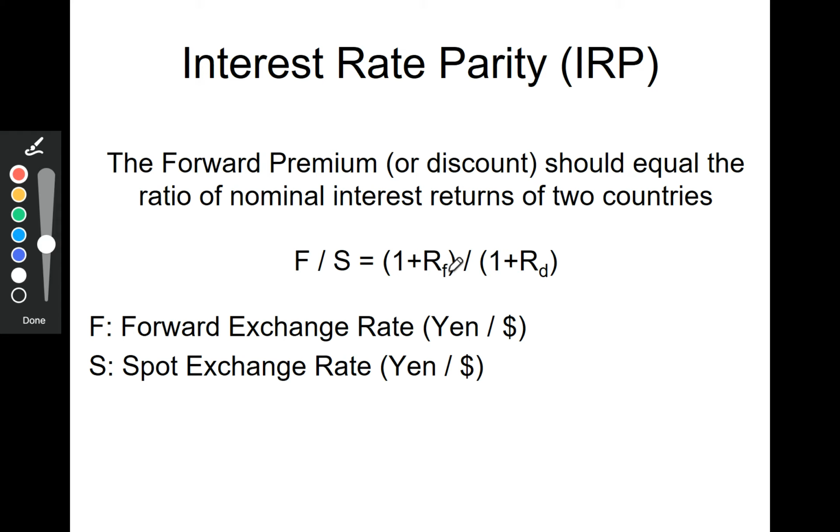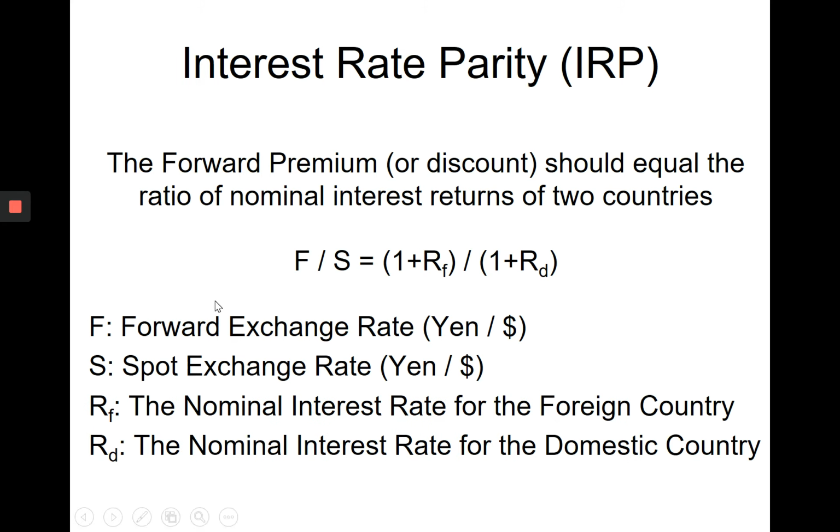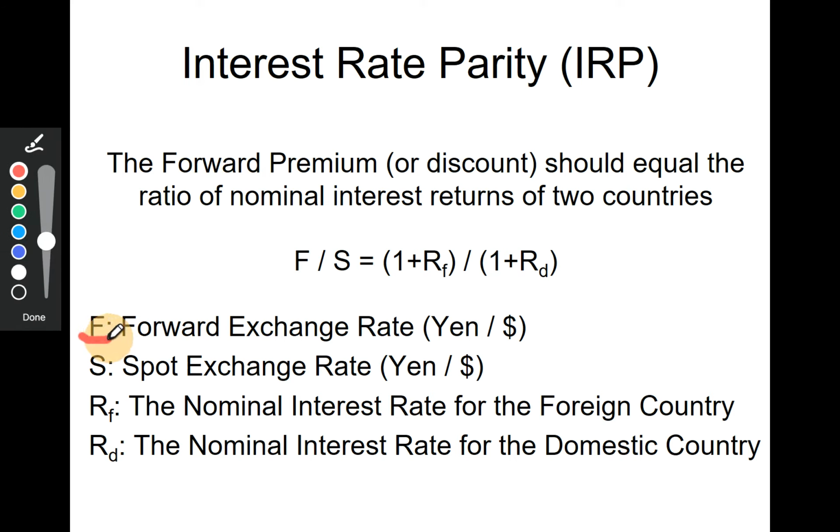Of course, this is just a matter of notation, and it shouldn't confuse you. And we're dividing by the nominal return. So we have 1 to make a return, and then we have the interest rate, R, of the domestic country, D. These notations are also defined in the slide for you, so you can trace them back later as you look at this video. For example, F is defined as forward exchange rate.